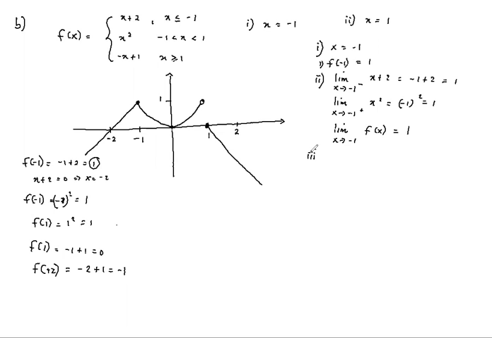Then the third thing is comparing this limit of f of x, which is equal to 1, is it the same as f of negative 1? They're the same because they are both 1s. Therefore, you say f of x is continuous at x is equal to negative 1.